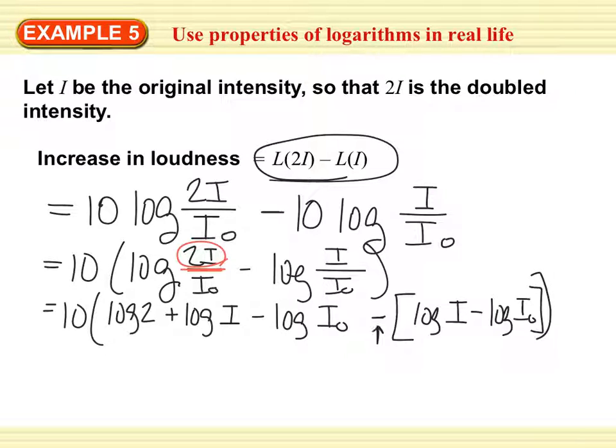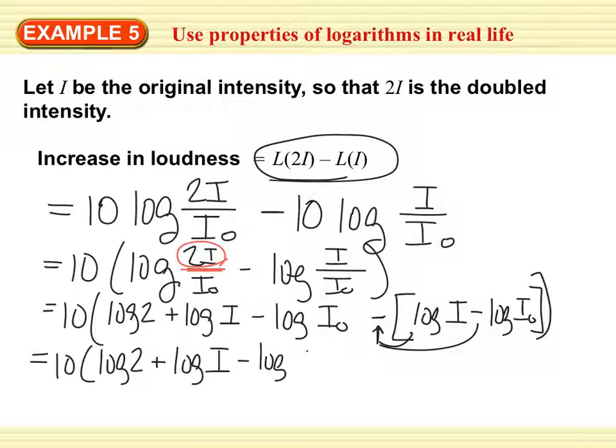Notice I can distribute this negative into that parentheses, so here and there. That gives me 10 times log 2 plus log I minus log I sub 0 minus log I plus log I sub 0. I forgot to close my parentheses.